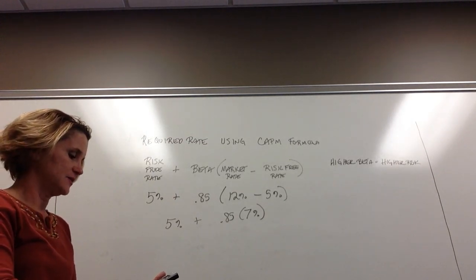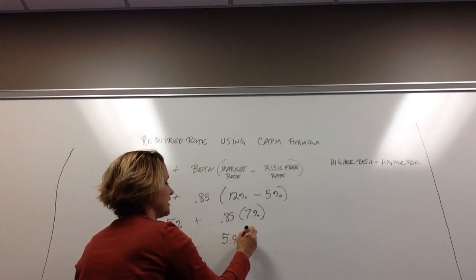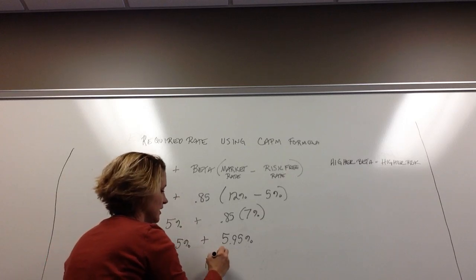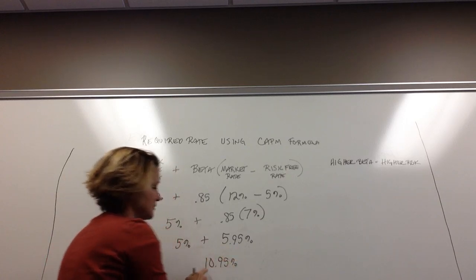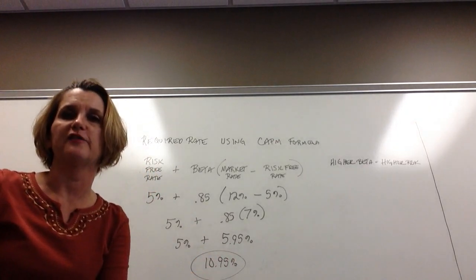So 7 times 0.85 gives me 5.95%. Add that back to my risk-free rate of 5. And for this particular investment, I would be willing to take it if I would at least earn 10.95%.